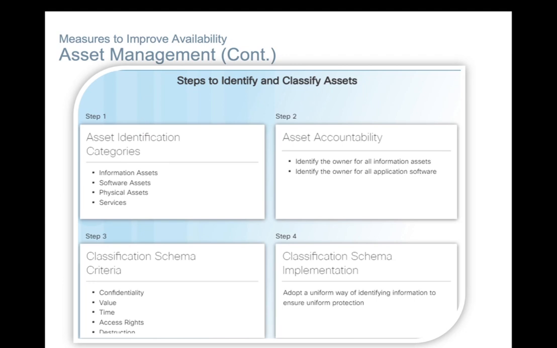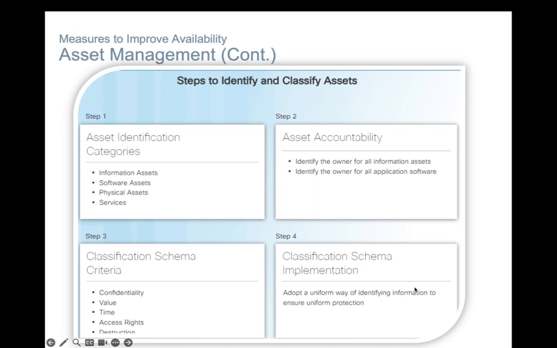Third is to determine the criteria for classification, such as confidentiality, value, time, access rights, something like that. And the fourth one is to implement a classification scheme.